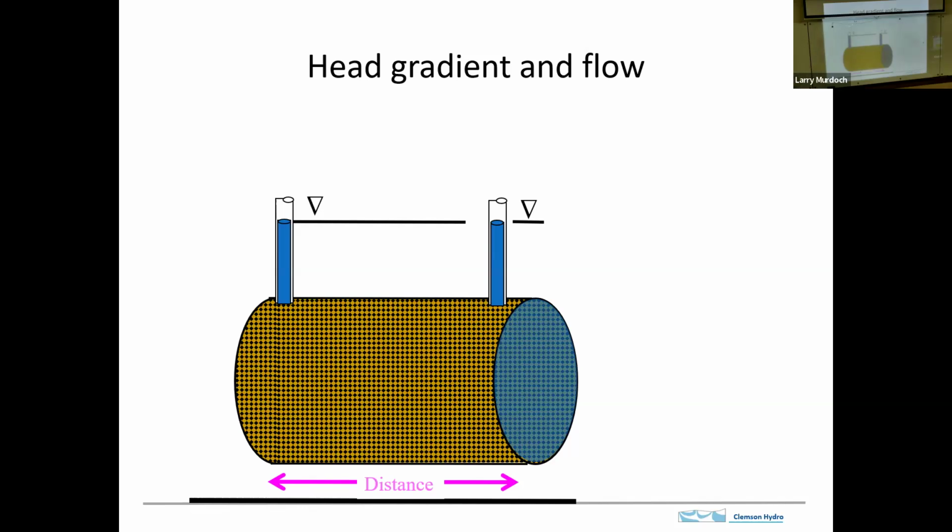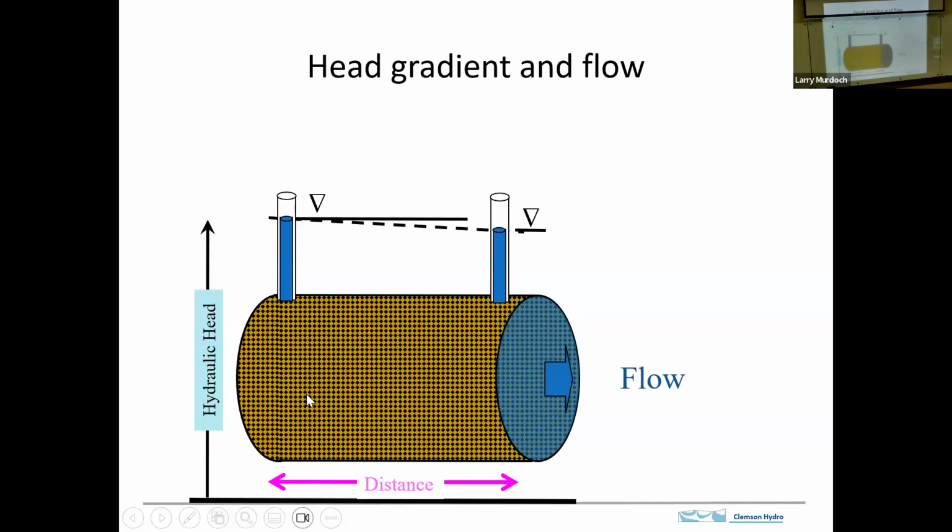So I made this animation instead, but visualize that right now there's no flow, and the hydraulic head here is the same. So the hydraulic head in this thing is the same everywhere. Now, if we open a valve and hook it up to the water supply, we get a little bit of flow. Then what's going to happen is the head here at this end drops relative to that head.